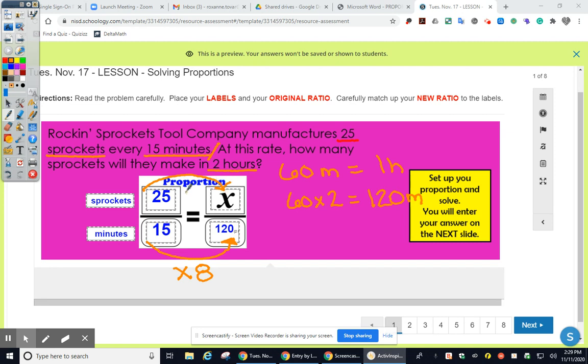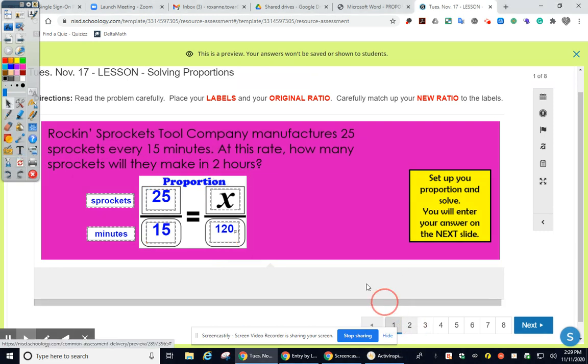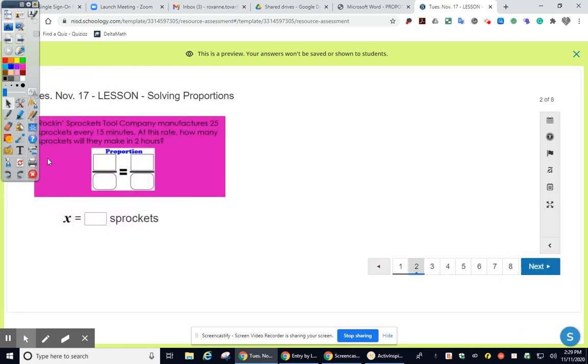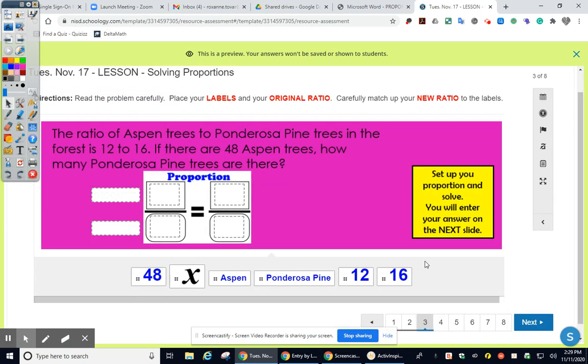So 25 times 8 is 200. So the value of X is 200. Now that I know X is 200, I'm going to go to my next slide, question number 2, and I'm going to fill in 200 sprockets. Pretty simple.